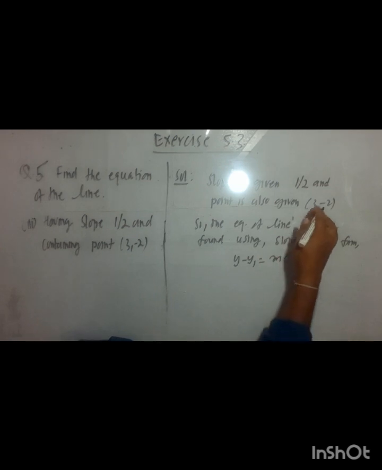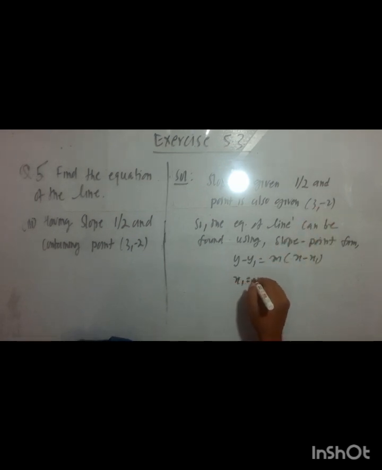Now here x1 is equal to 3, and y1 is equal to minus 2, and your slope is 1/2. So you substitute these values: y plus 2 is equal to half times x minus 3.